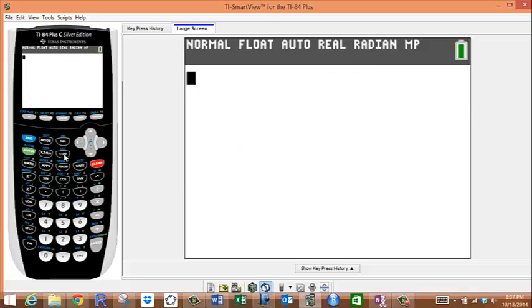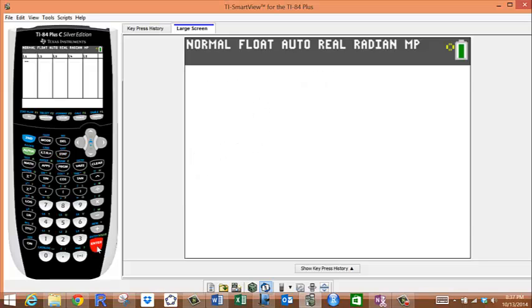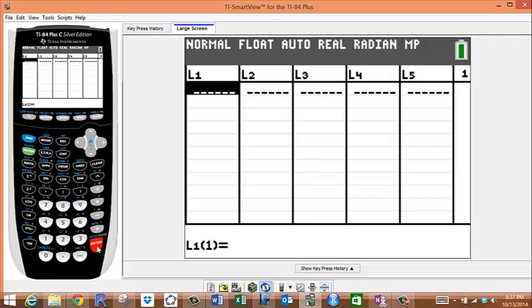So the first thing we want to do is go to Stat and edit our list. And then we'll type in, and this is number 10 on page 330. So let's go ahead and type in X, which is 0, 1, 2, 3, 4.